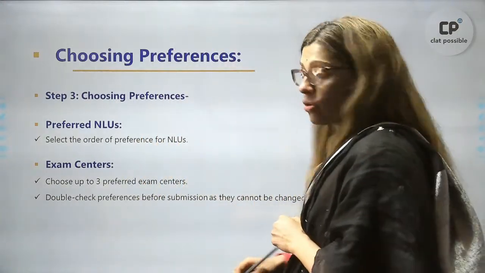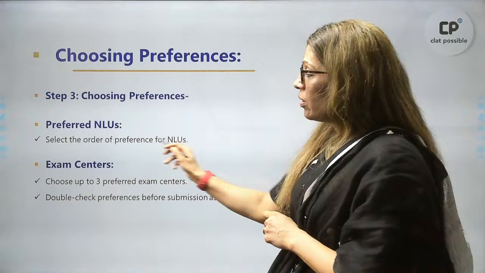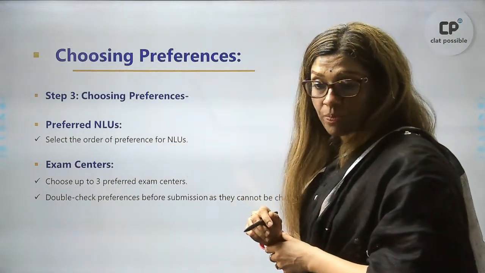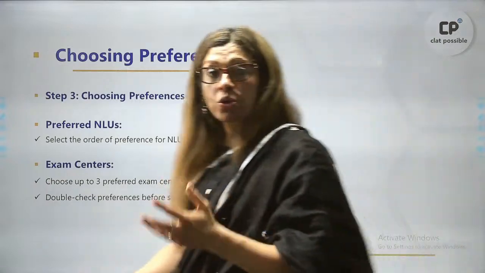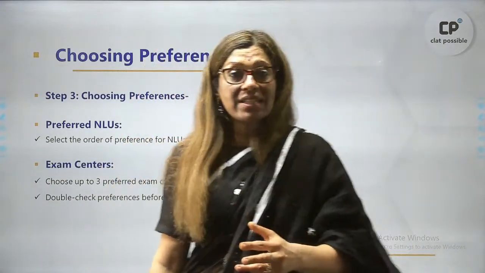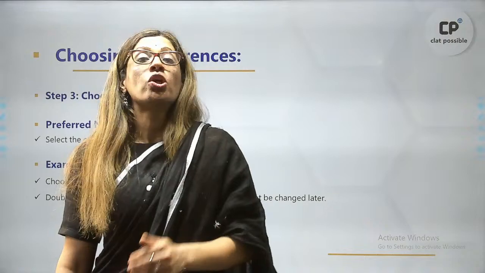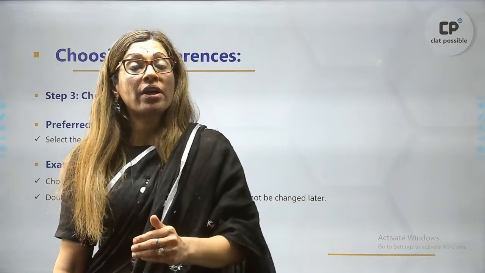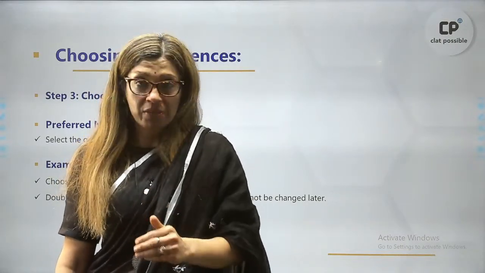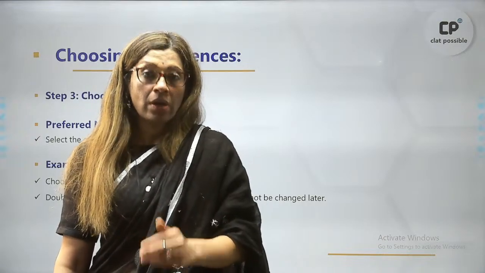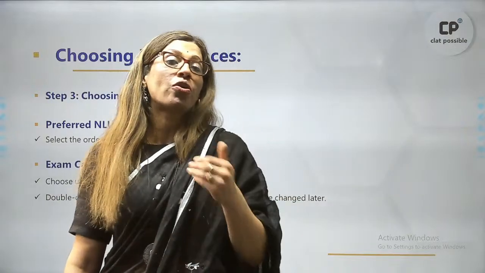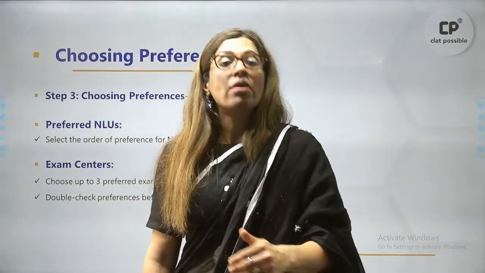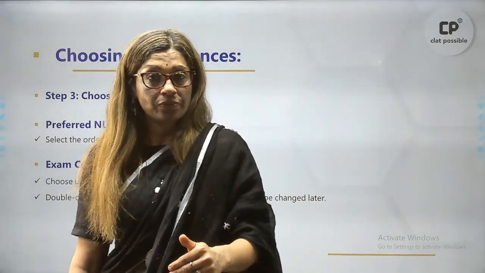Alright, so the selection of NLUs has to be based on what you want to do, where you want to go. Otherwise, the order of NLUs should be in the order in which they are available on our website, which is, if I were you, I would put NLS Bangalore, followed by Nalsar Hyderabad, NUJS Kolkata.